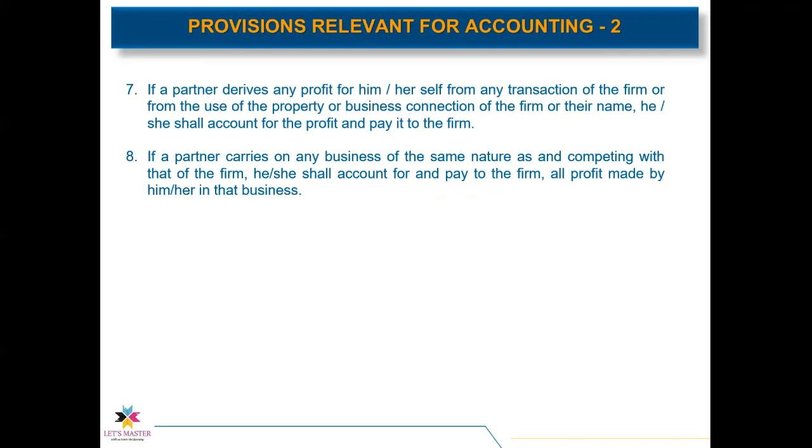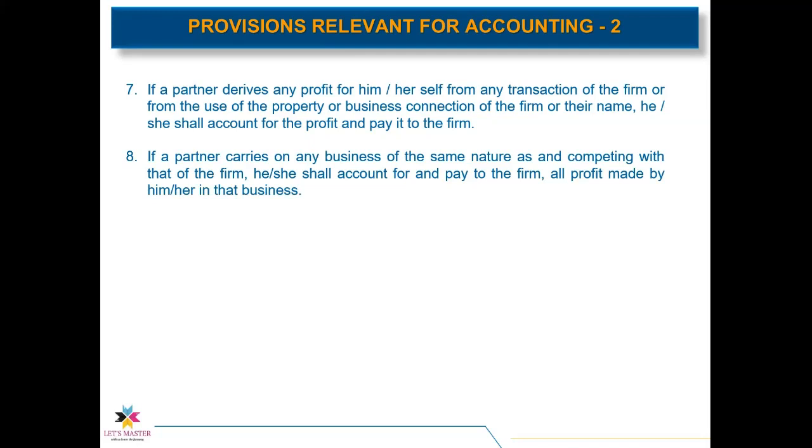And lastly, if a partner carries on any business of the same nature and competing with that of the firm, he or she shall account for and pay to the firm all profits made by him or her in that business.